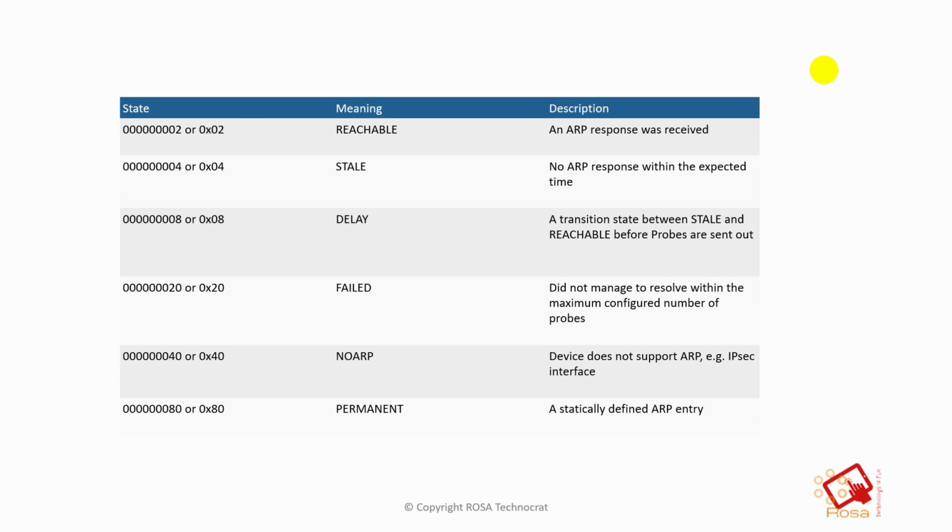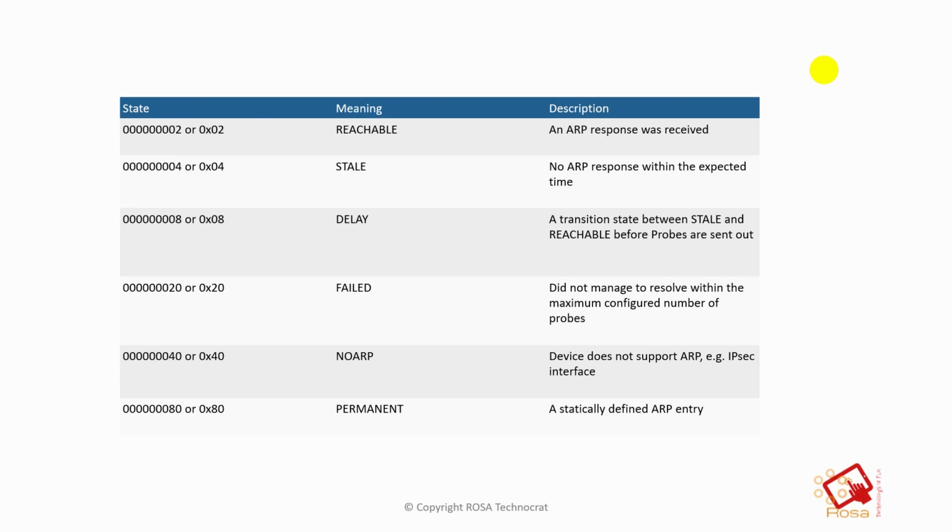Then the state delay is a transition state between stale and reachable before probes are sent out. Then we have failed, that means the ARP has failed and may not work. And no ARP means the device does not support ARP. Maybe it's an IPsec interface or VPN interface. In such cases, the state can be no ARP. Then we have permanent.